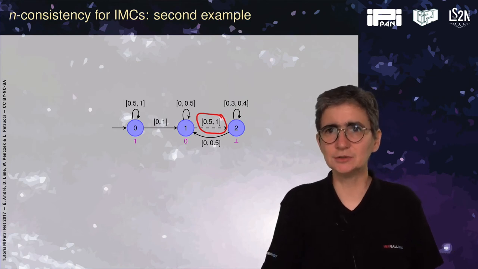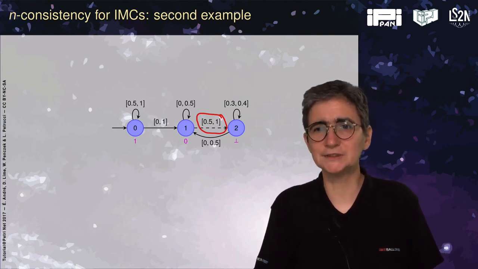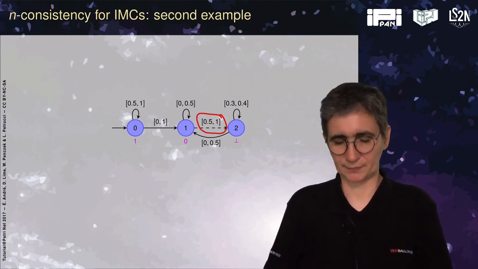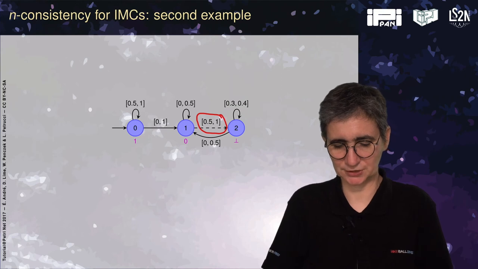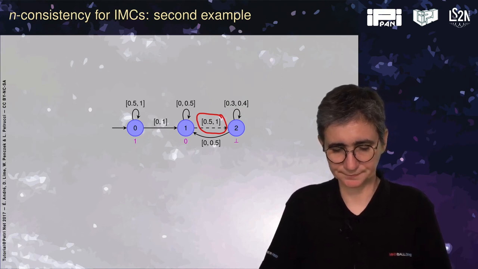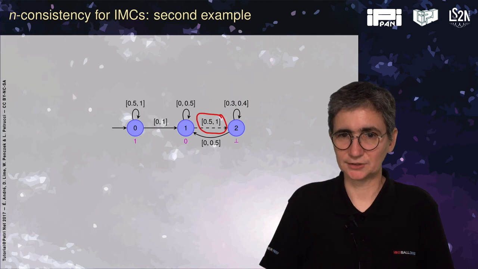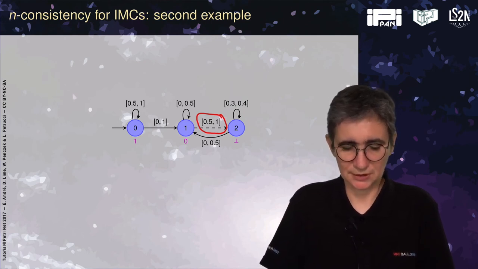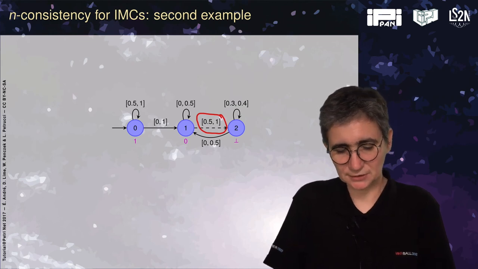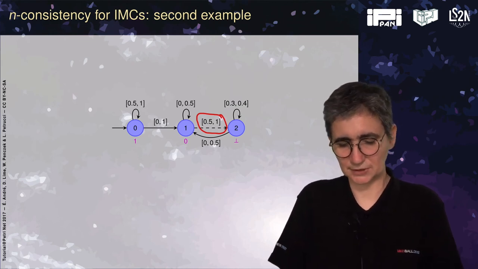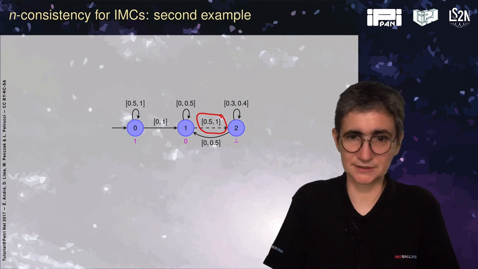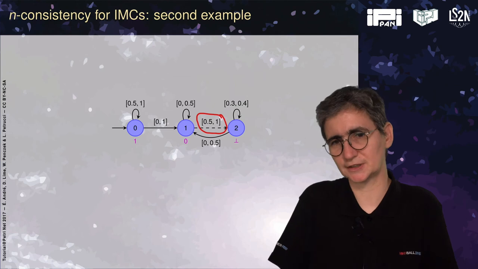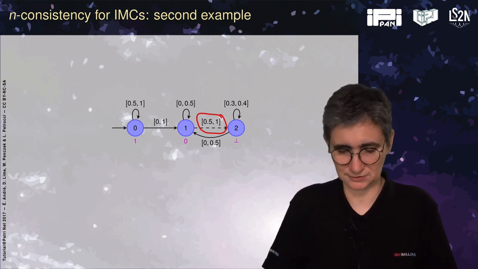So I cannot choose a probability distribution so that I cannot reach state 2 from state 1. Thus, state 1 is not one consistent. As concerns state 0, it allows for reaching itself, and state 1 that was zero consistent, and therefore state 0 is one consistent.